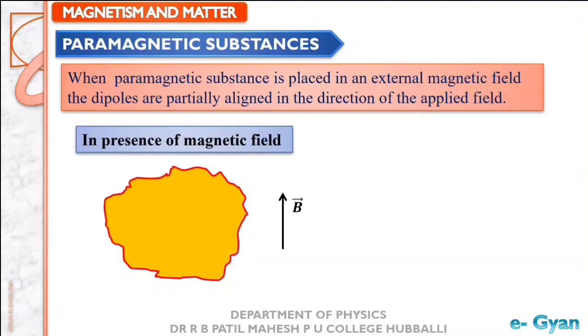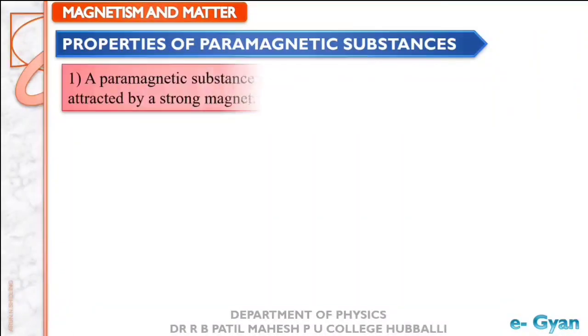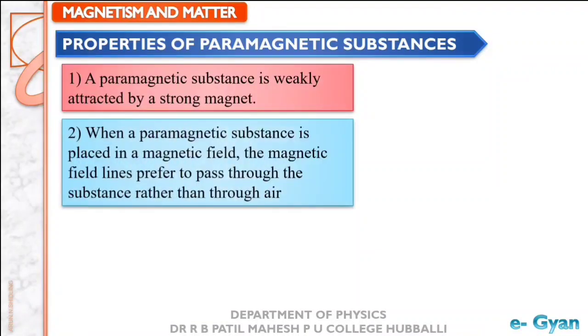Let us now study the properties of paramagnetic substances. Firstly, a paramagnetic substance is weakly attracted by a strong magnet. Second, when a paramagnetic substance is placed in a magnetic field, the magnetic field lines prefer to pass through it rather than through the air surrounding it.